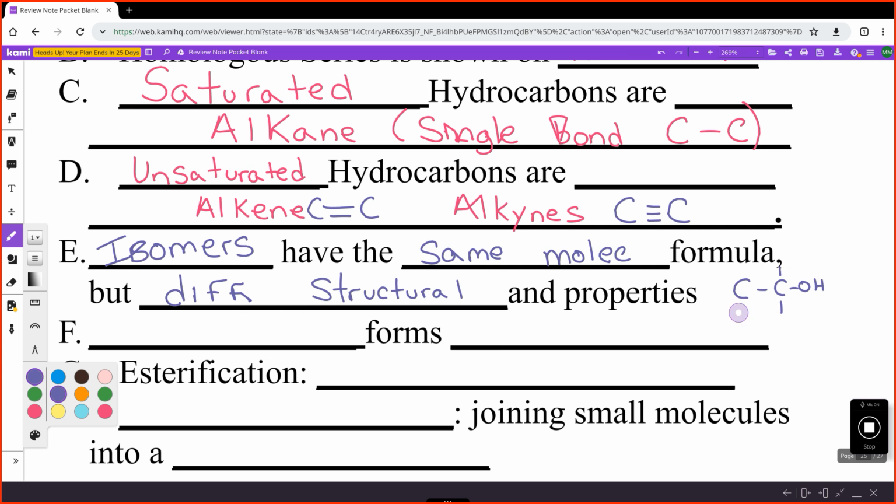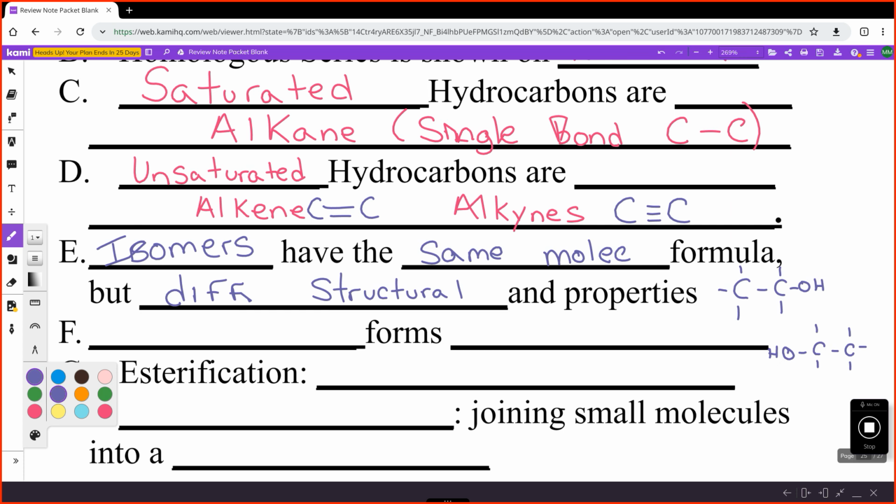Lots of people would think that this picture of ethanol and this picture of ethanol are different structures. But the fact is they're not different structures. Those two images that I drew are the exact same thing. I know that for a couple of reasons.